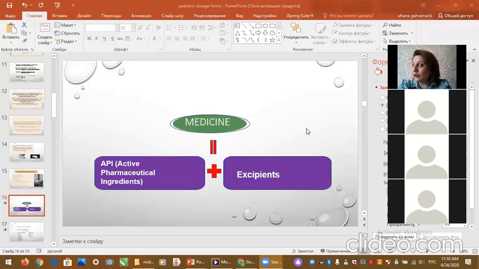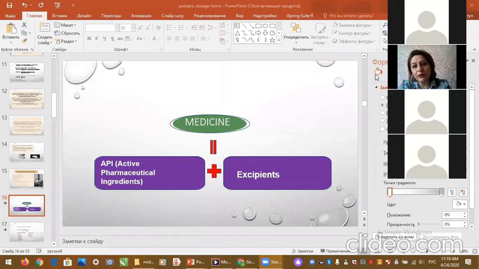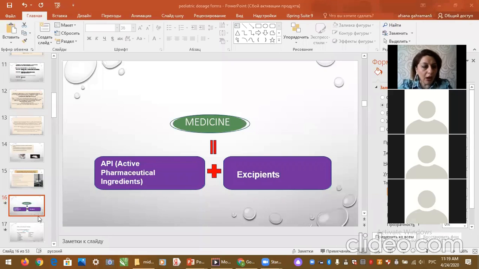Active substance. Which excipients do you know, Khalid? Okay, I don't remember. Okay, I continue.